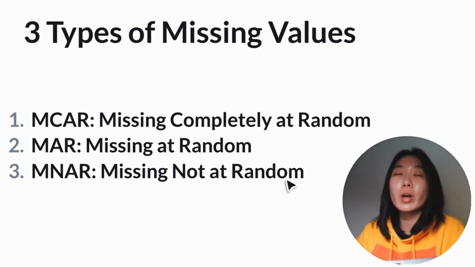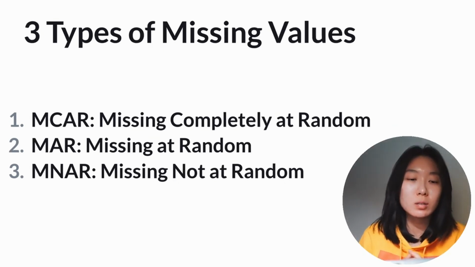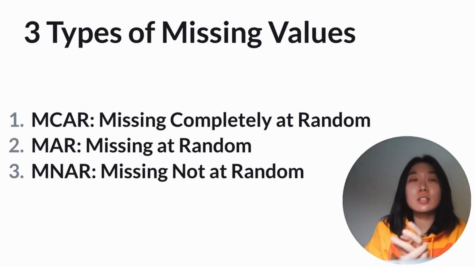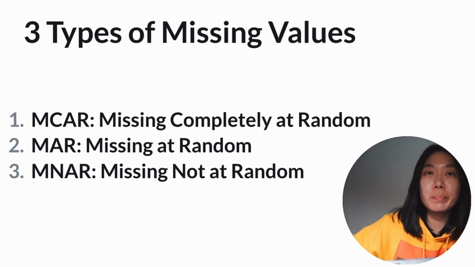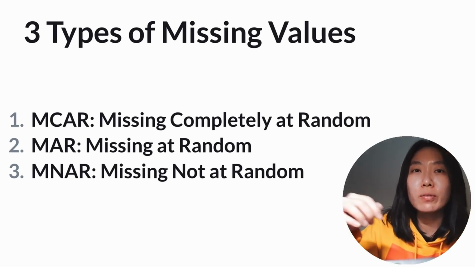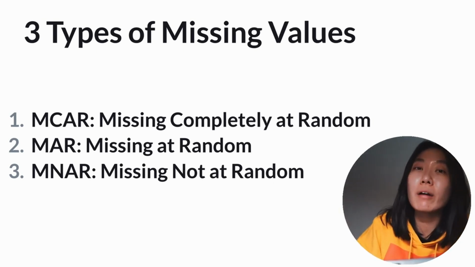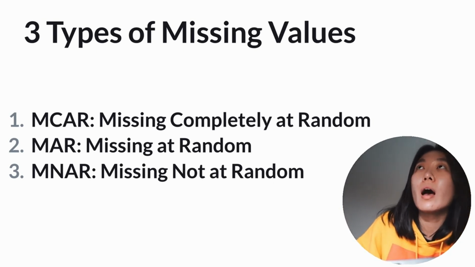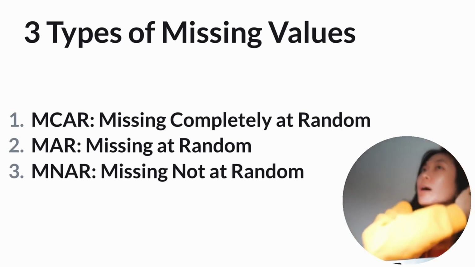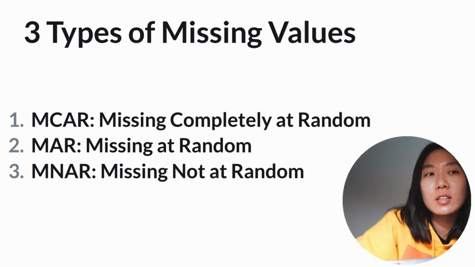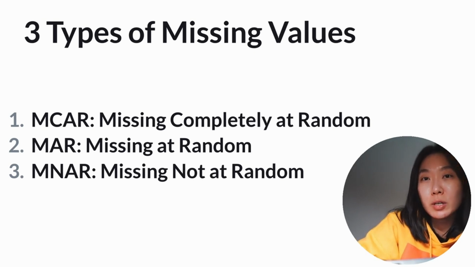The next one is missing at random. Missing at random is more like the missingness is all about the person, but it can be predicted with other information about the person. For example, if you are going to attend a psychological test but you are absent, that missing data is because of the person.